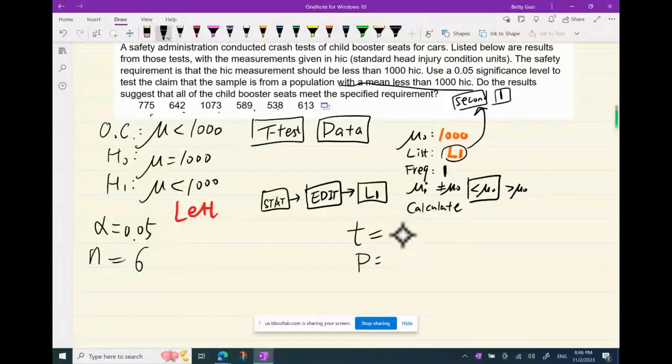The test statistic I got is negative 3.66747902. And my p-value is very tiny, 0.00724 and so on.